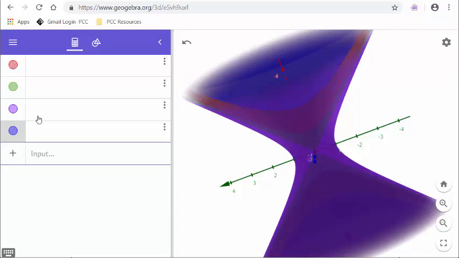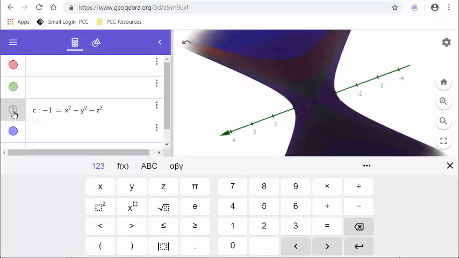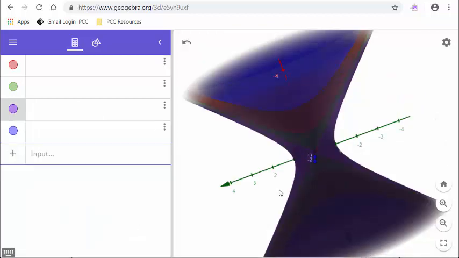So we see if we move from negative 1, 0, 1, 5.